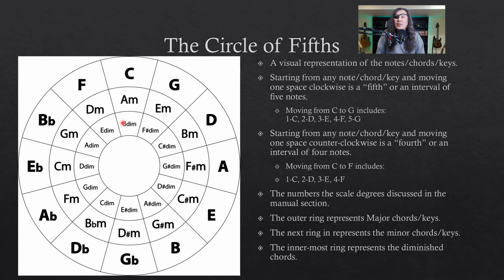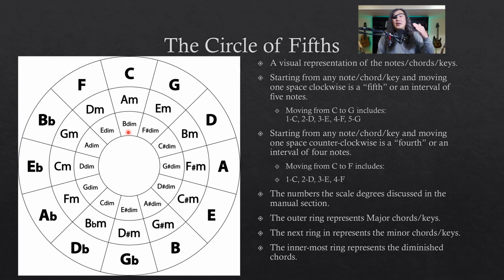And the innermost ring represents all of the diminished chords. There aren't really diminished keys. Well, that's a whole different topic. Anyways, let's just say that it represents all the diminished chords. So outer is major, middle is minor, and innermost is diminished.